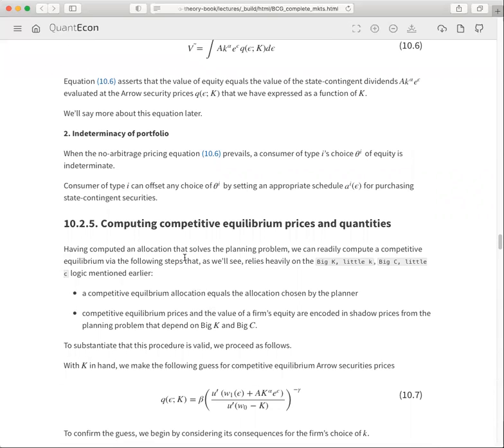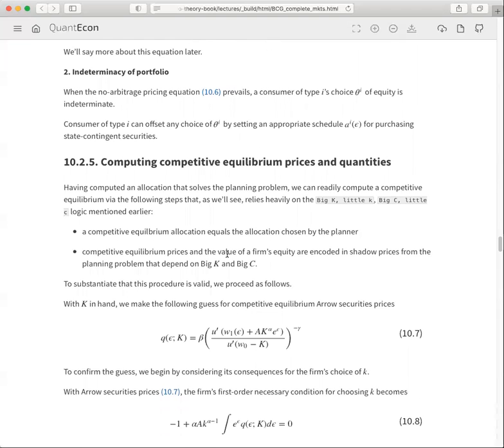Okay. So how do we compute equilibrium prices and quantities? Well, we use our standard trick of taking the allocation that solves the planning problem, making a guess that this allocation would be a competitive equilibrium, and then solving for competitive equilibrium prices.